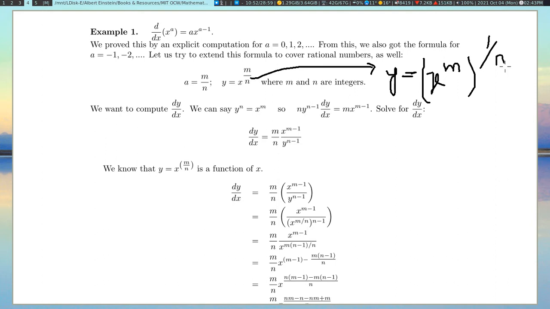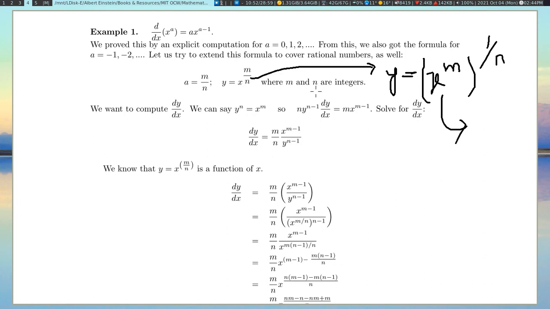Now you can take this inside term to be something. We take this to be y to the n, and this holds because if you raise y to the n to the power 1 over n, you're going to get y back. So the equality holds.